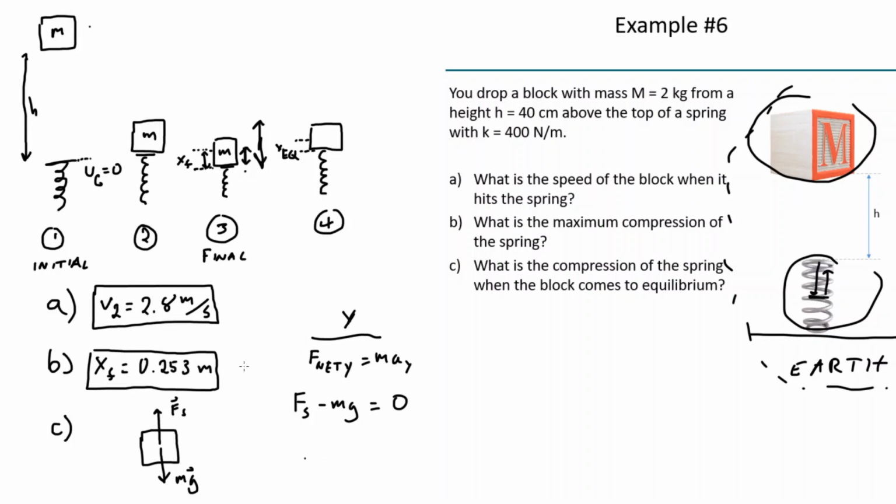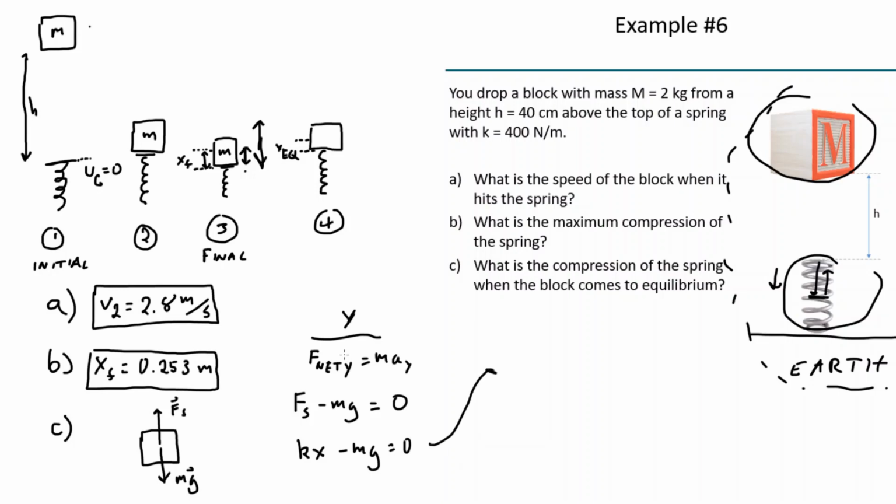The formula for the spring force is minus kx, but the minus sign is just telling us the spring force points opposite the direction of the compression of the spring. So if the spring is compressed down, spring force pushes up. So the magnitude of the spring force is just k times x minus mg equals 0.